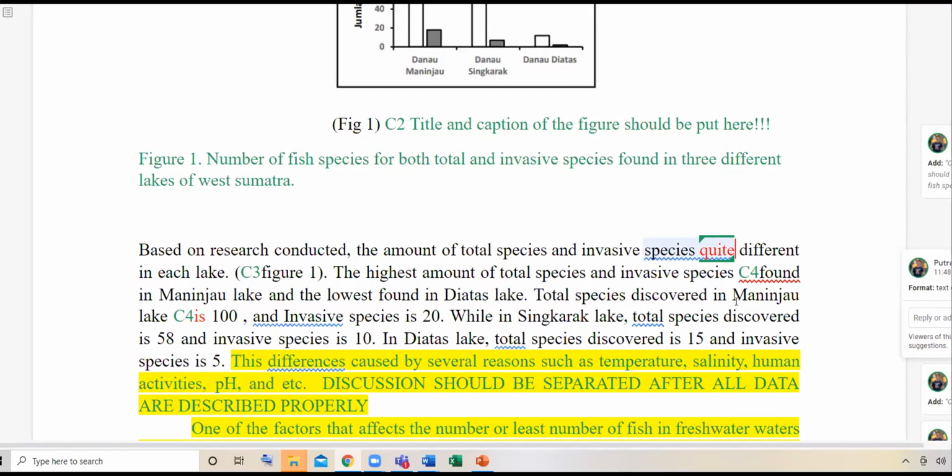You just put whether this is high or significant. So don't put vague or non-specific words like "quite" or "maybe". For example, "Based on research conducted, the total species and invasive species were quite different in each lake." "Quite different" is not the correct one.